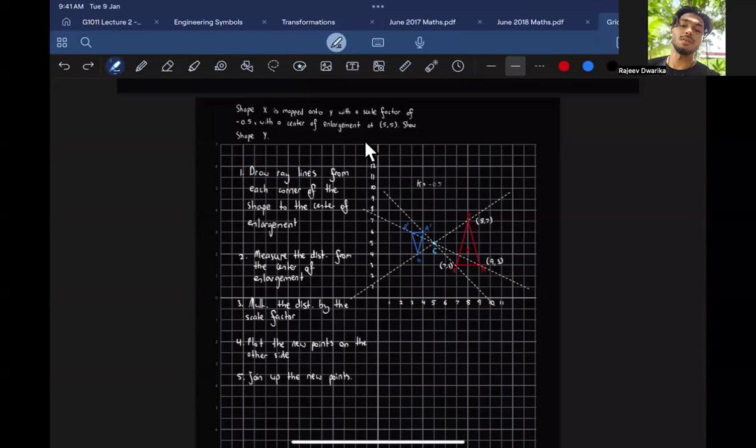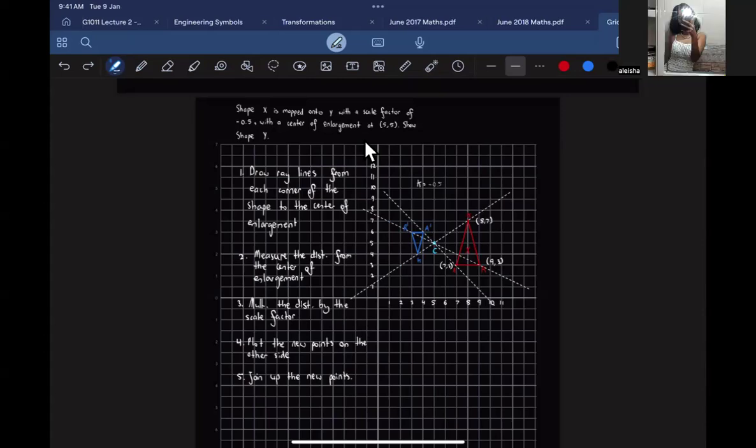How are you drawing your real lines? What's the first thing you had to put on to draw your real lines? To draw your real lines, you had to put on your center of enlargement.